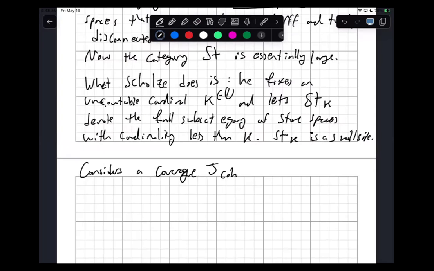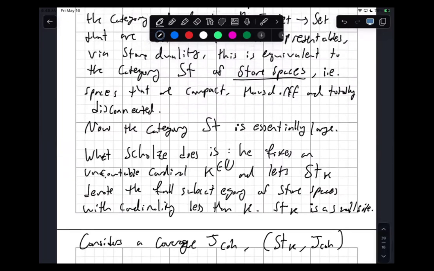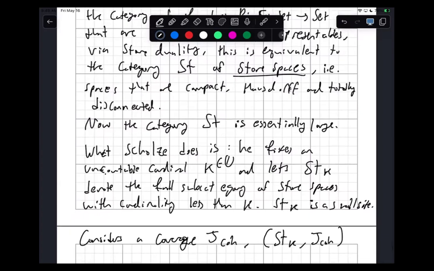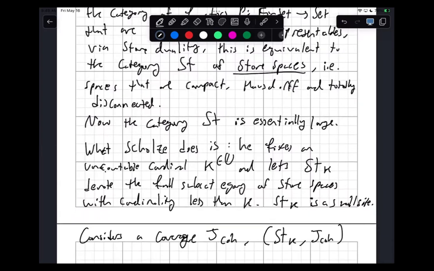Can I ask you something? I think it was explicit because you're going back and forth between them. The way you go from a Stone space to such a functor is by mapping finite sets to it, or... Be honest, I don't know. I haven't actually looked into this too much. I just like that this is an example of the large site stuff. If anybody knows more about this, please chime in.